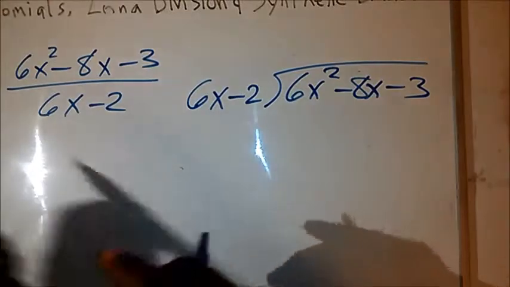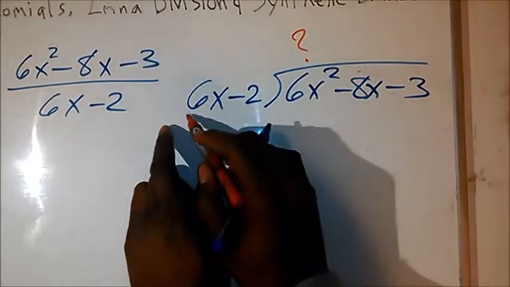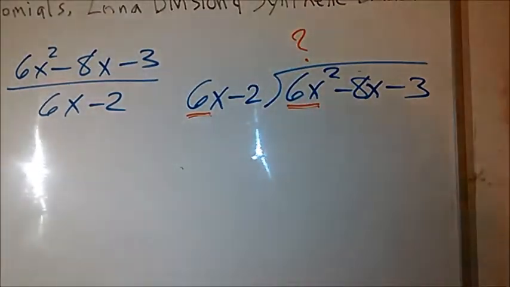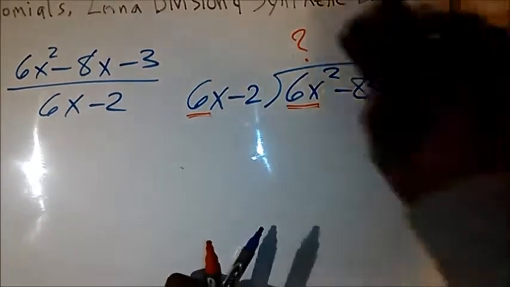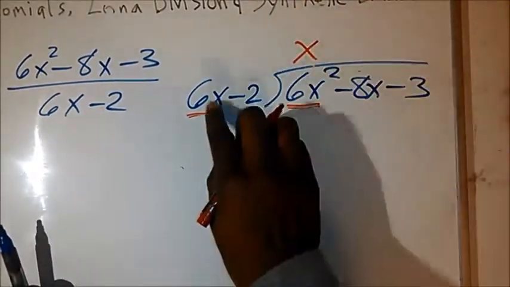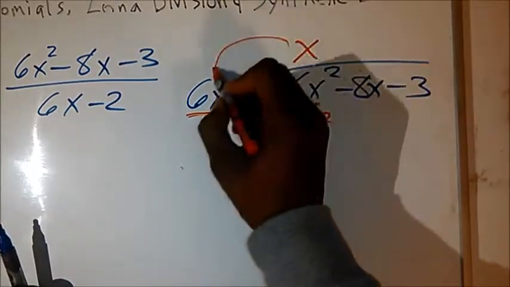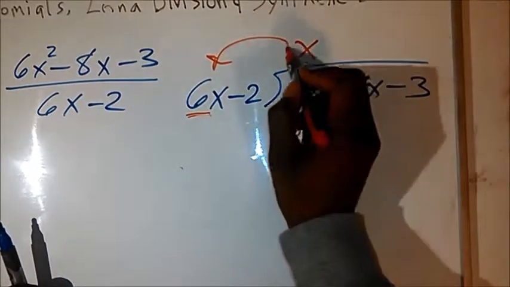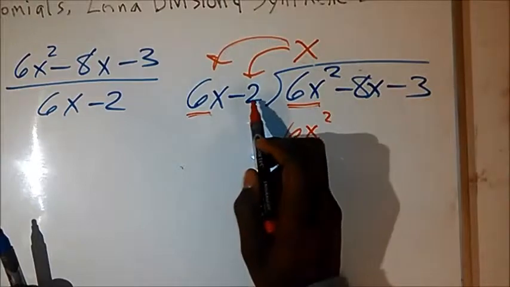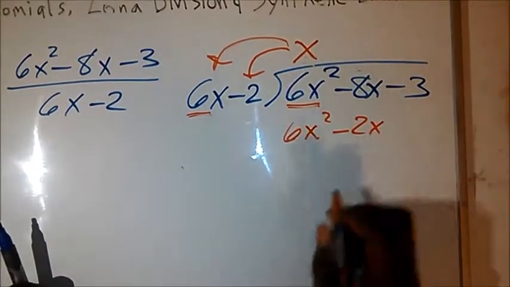We ask ourselves the question, what times 6x equals 6x squared? Well, it's simple. It's going to be x. x times 6x equals 6x squared. So we put it in the first term, and then we do it again to the second term. x times negative 2 is equal to negative 2x.